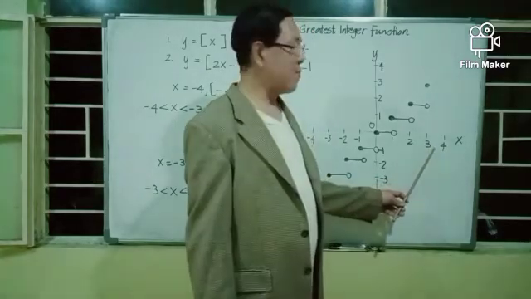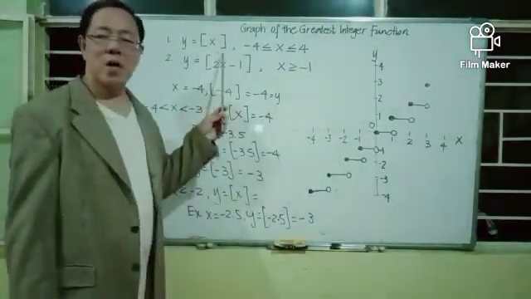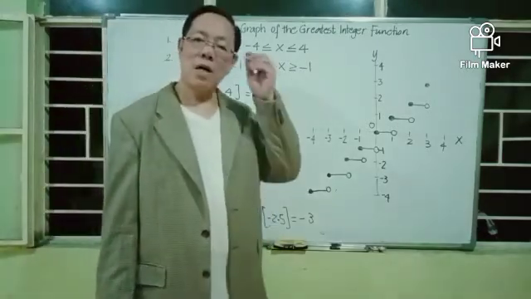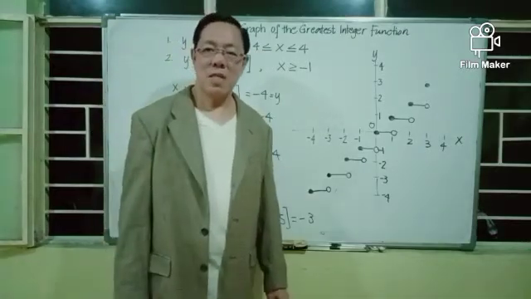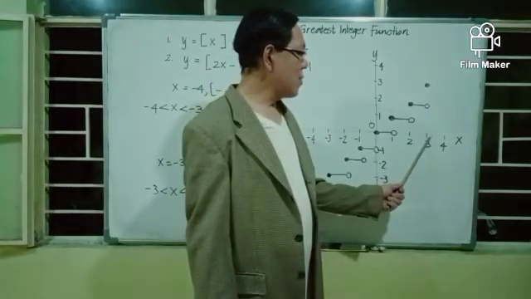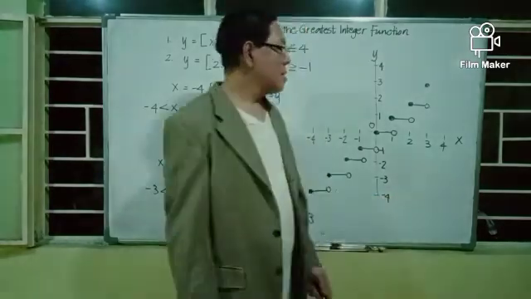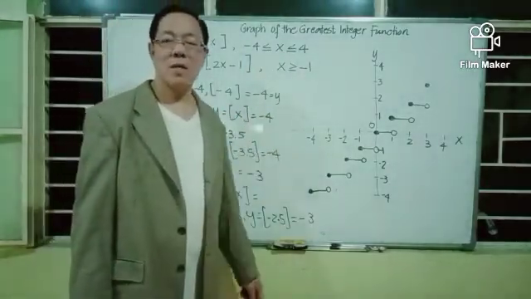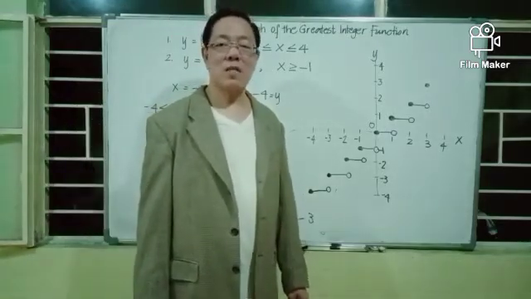Example 3.5, if x is 3.5, the value of y is the floor of 3.5, and the floor of 3.5 is the greatest integer, the largest integer less than 3.5, and that biggest integer less than 3.5 is 3. If you take a number very, very close to 3, say 3.001, the value of y is the floor of 3.001, and the largest integer less than 3.001 is 3.